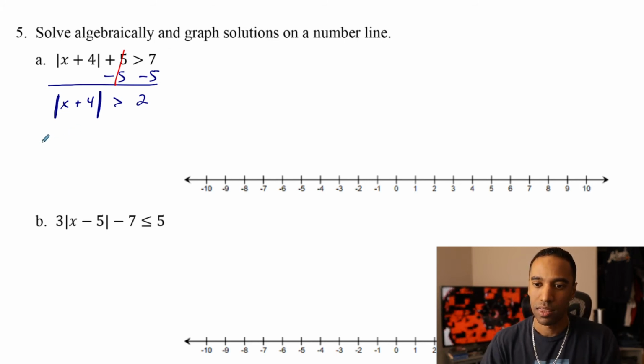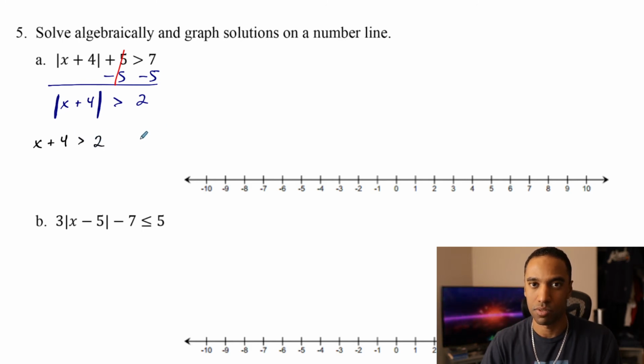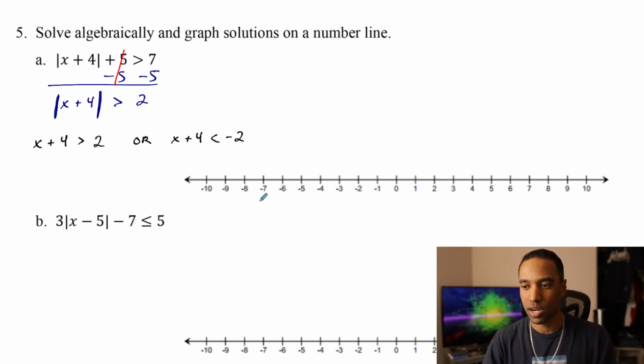We say that x plus 4 would either have to be greater than 2, right, on the right side of 2, or x plus 4, that inside guy, would have to be less than negative 2, because we want larger negative numbers over here, because when we take the absolute value of it, then it becomes larger than 2.